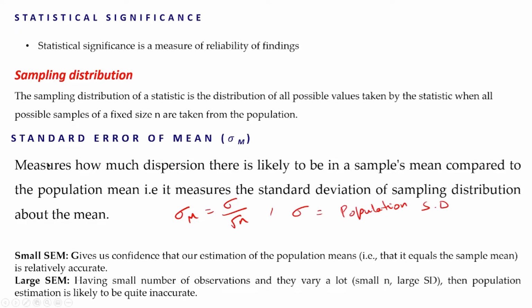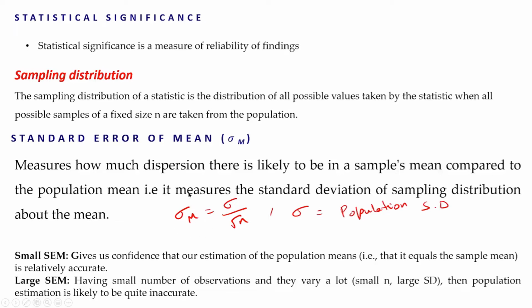Now what is the use of this standard error of mean? If there is a small standard error of mean, it gives us confidence that our estimation of the population mean is relatively accurate. On the other hand, if we have a large standard error of mean, it means we have a small number of observations and they vary a lot, and the population estimation is likely to be inaccurate.